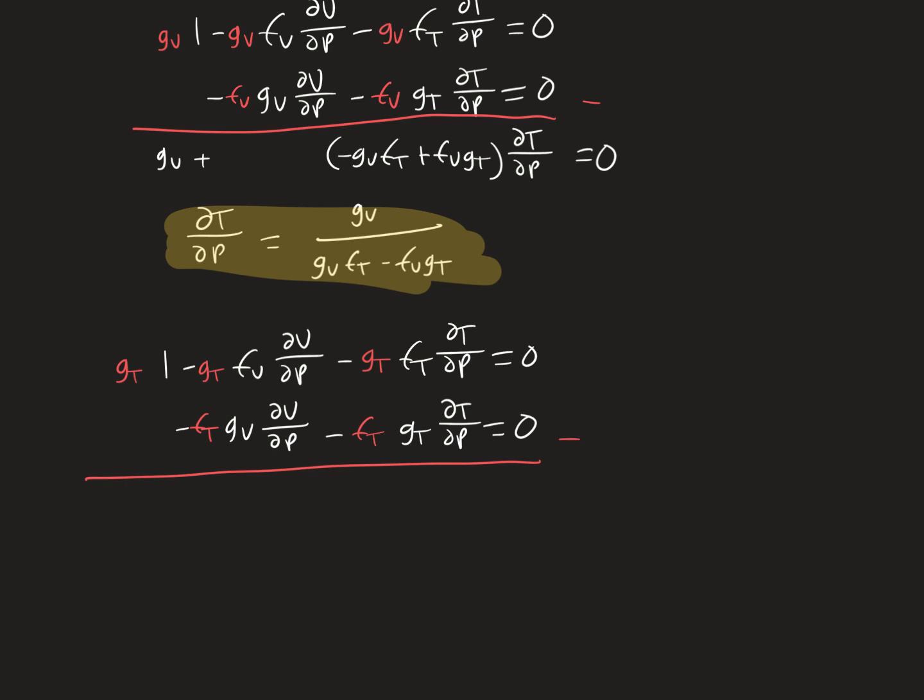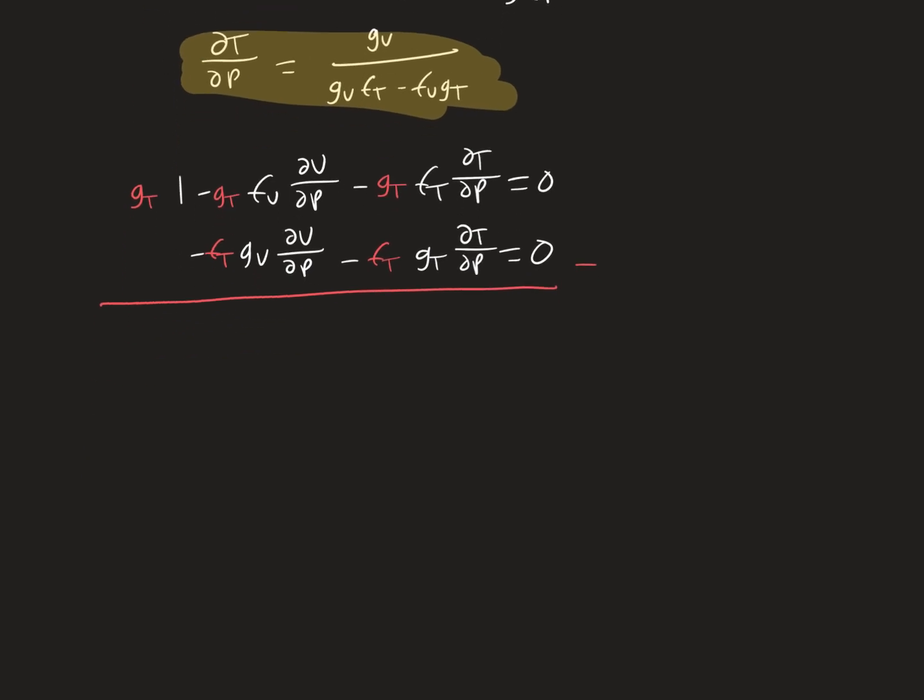And then again we subtract 2. So that gives us over here g_t, then we get −(g_t f_v − f_t g_v) times ∂v/∂p, and these terms with ∂t/∂p will cancel out, so this is equal to 0.